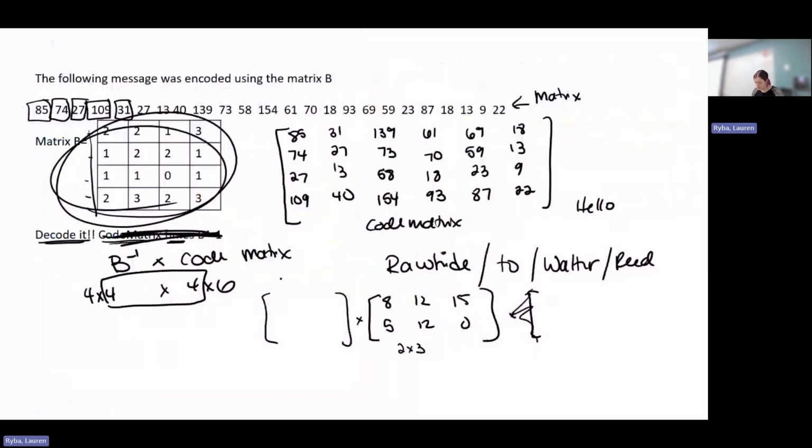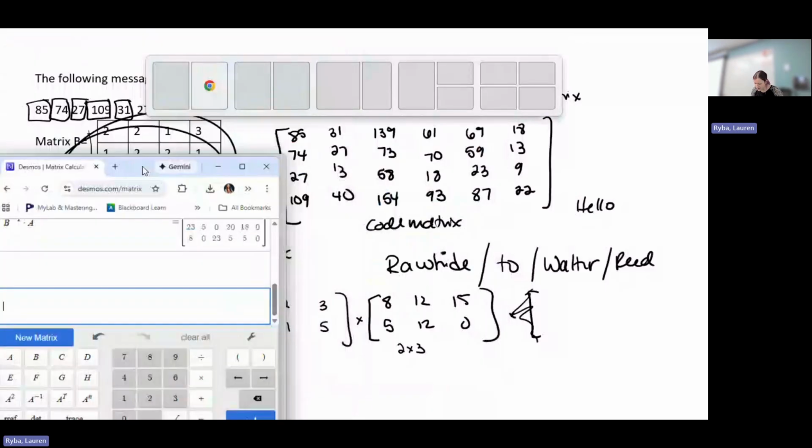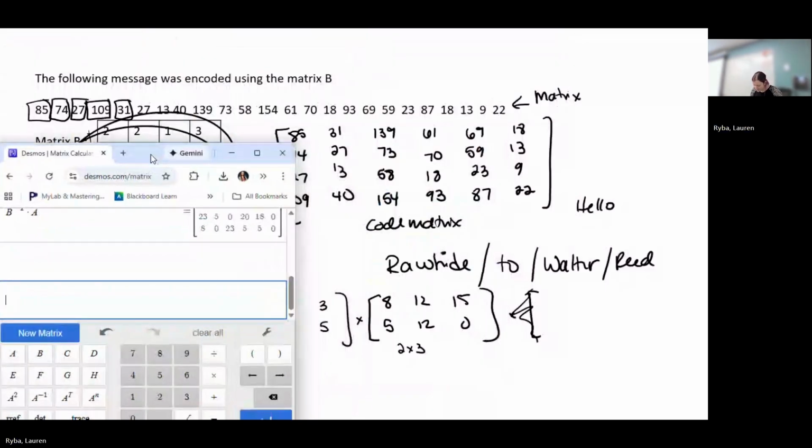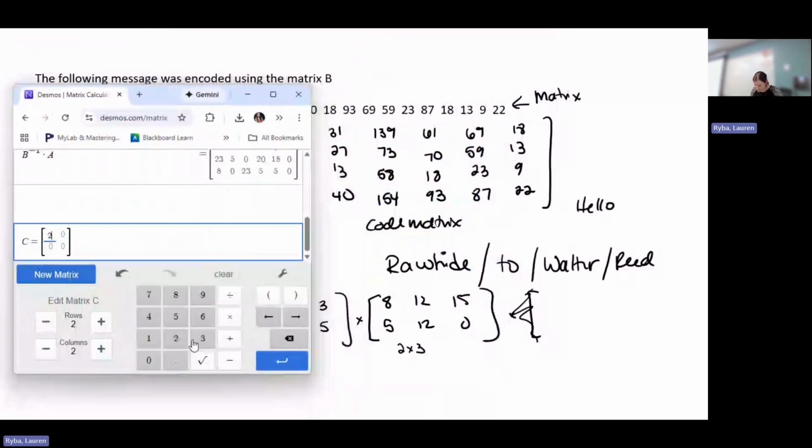So let's see if I can do this right. 2, 3, 1, 5. I've never actually done one, so we're gonna see if it works here nicely or not. I said 2, 3, 1, 5. Okay, so my 2, 1, 5. Dang it.